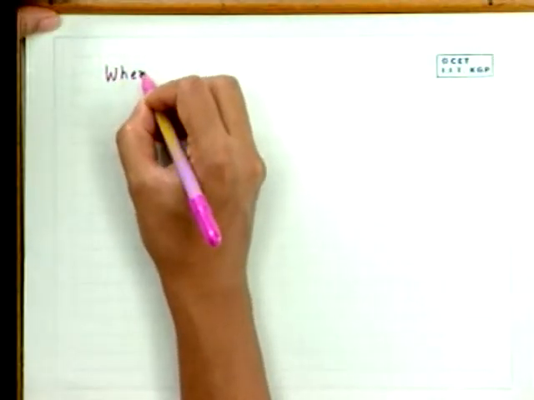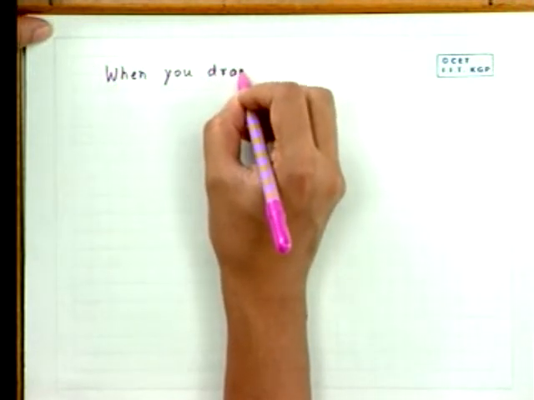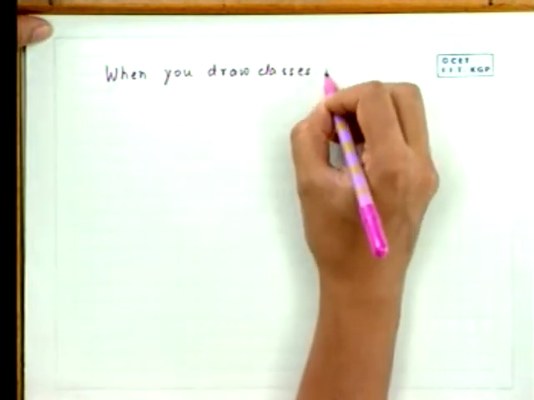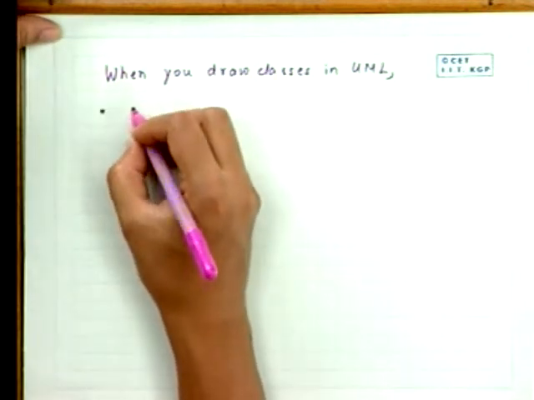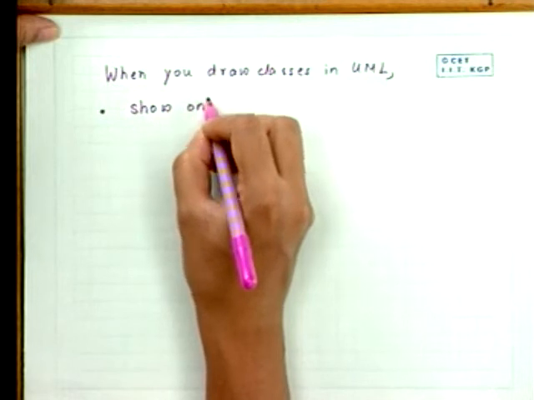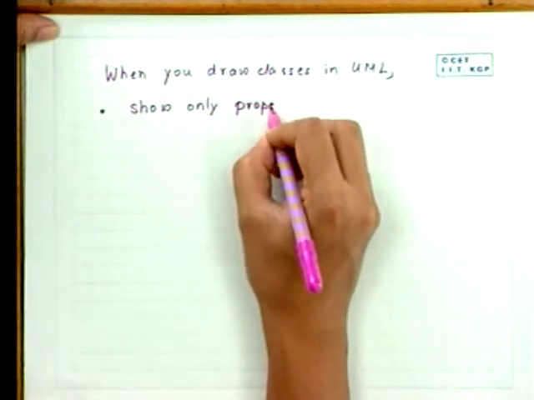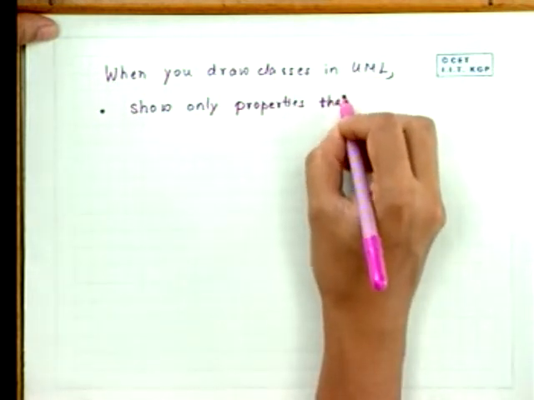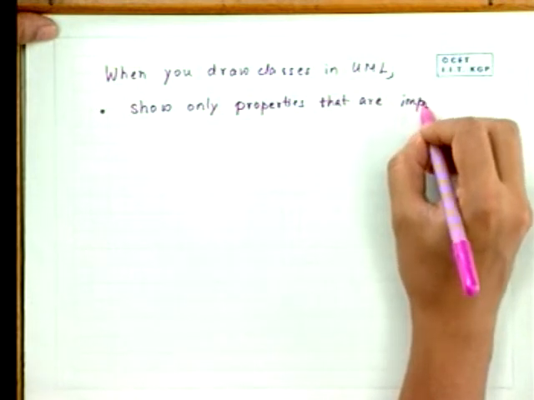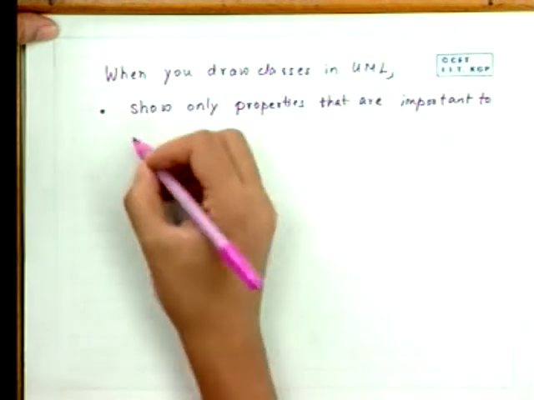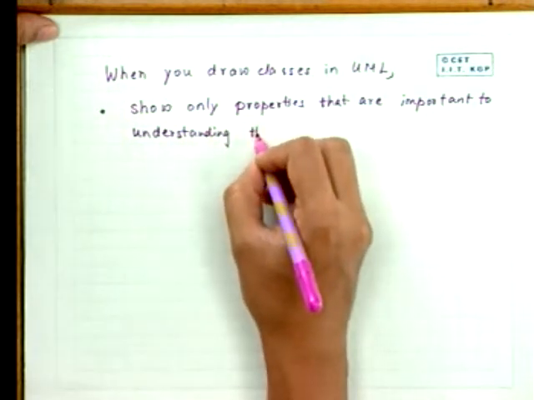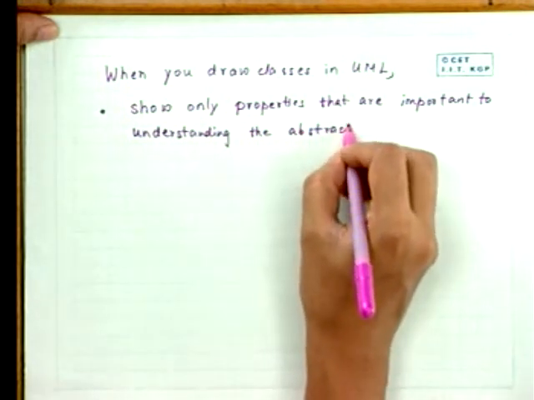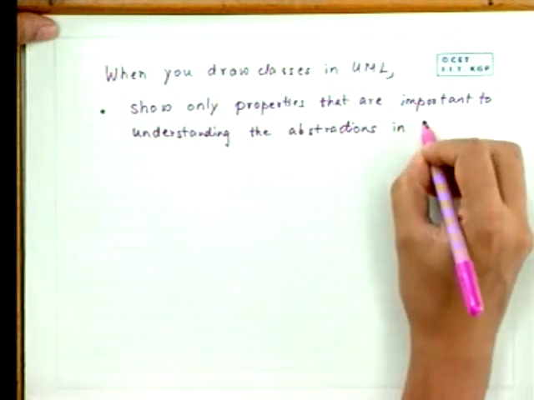So in order to ensure this, when you draw classes in UML, you must show only the properties that are important to understanding the abstraction in its context.